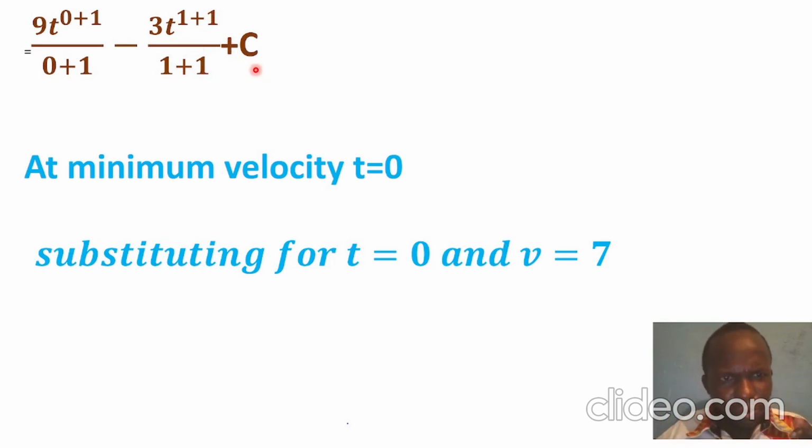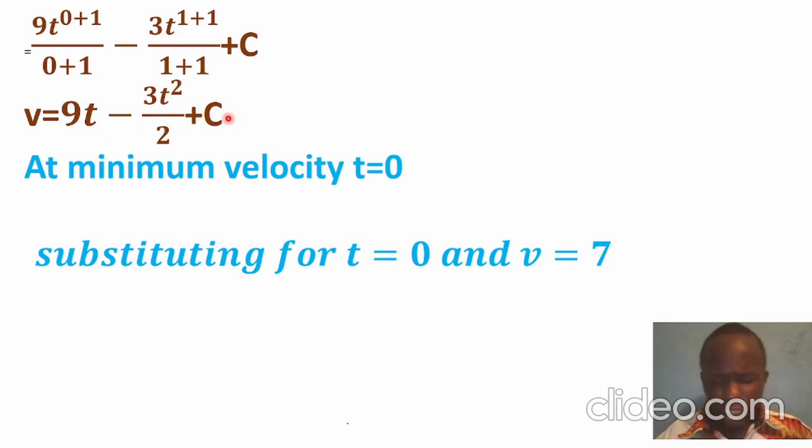Now, let us see what it brings us to. It brings this: v is equal to 9t minus 3t squared over 2 plus an arbitrary constant.